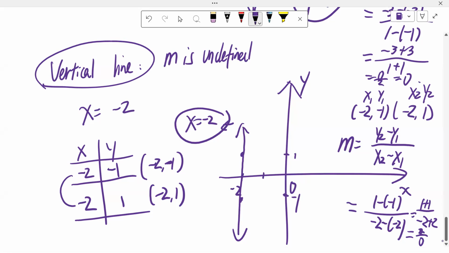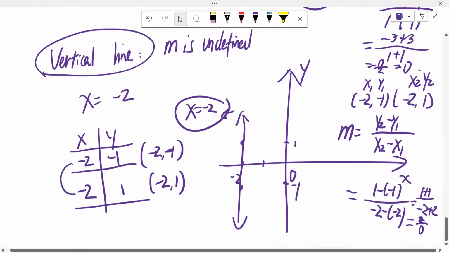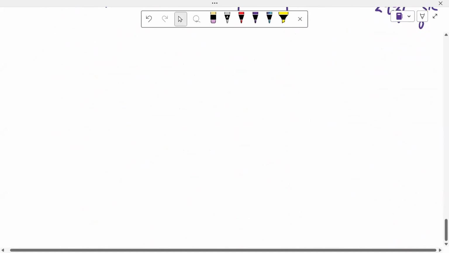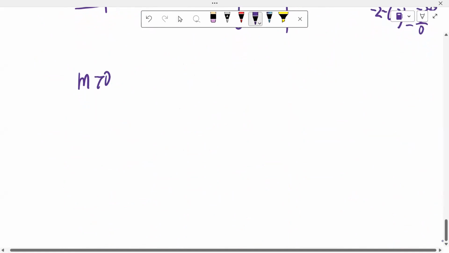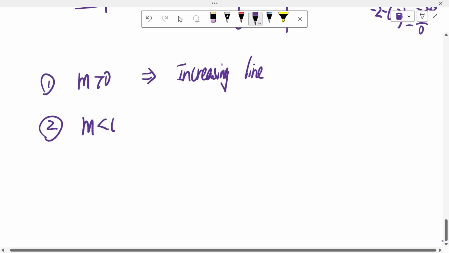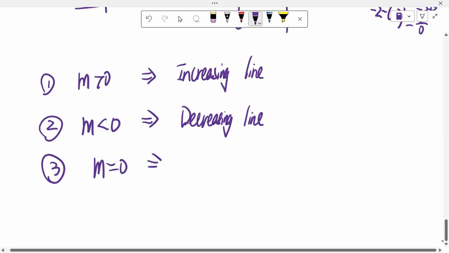So those are 2 special types of lines. Also, when the slope is greater than 0, meaning positive slope, that's an increasing line. Let's quickly summarize. Second one, when the slope is negative, less than 0, that's a decreasing line. If the slope equals 0, what kind of line again? A horizontal line, right?